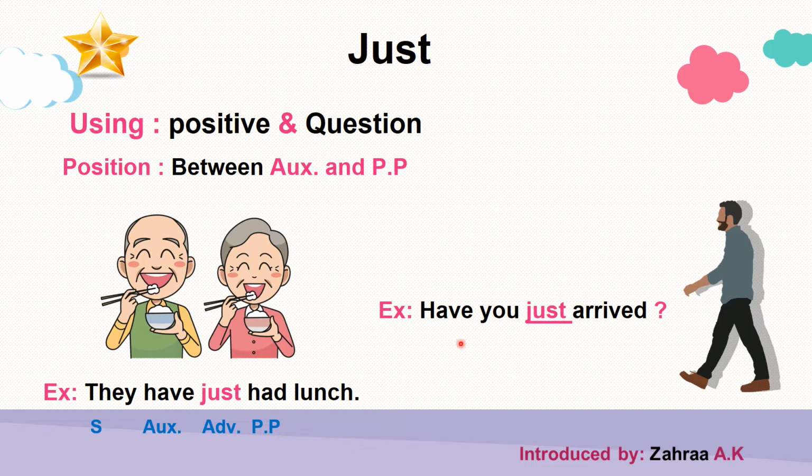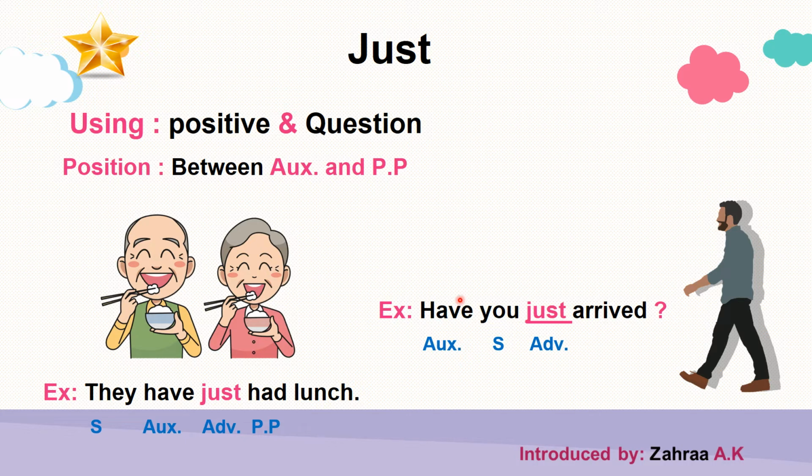What about the question? How do we change the position of the adverb just? كيف راح يتغير موقعه في حالة الquestion؟ Such as: have you just arrived? هل وصلت توا أو هل وصلت منذ برهة. إذن have you just, لاحظ just, adverb.